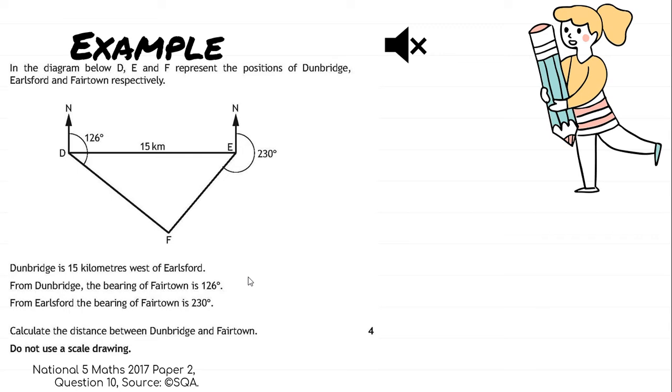Okay, so I hope you've had enough time to read this. So in this diagram, we've got D, E, and F to represent Dunbridge, Aylesford, and Fairtone. Okay, great. What else do we have?